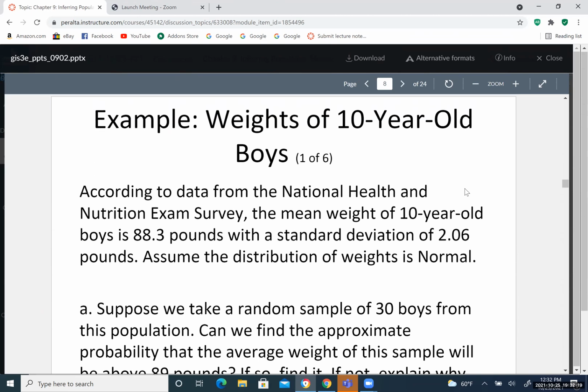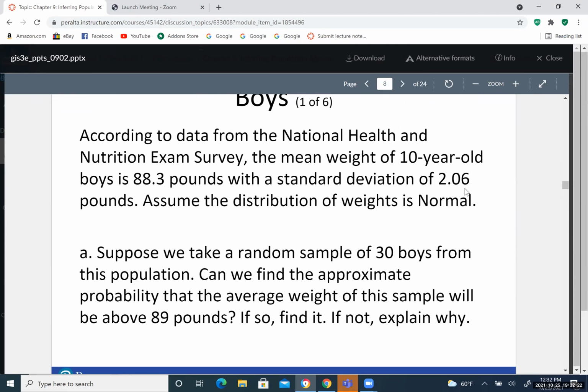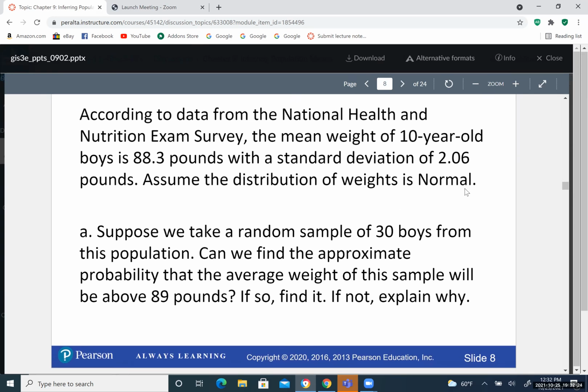So the example: weights of 10 year old boys. Let's check this out. According to data from the National Health and Nutrition Examination Survey, the mean weight of 10 year old boys is 88.3 pounds, with a standard deviation, which is either sigma or s, of 2.06 pounds. We assume the distribution of weight is normal.